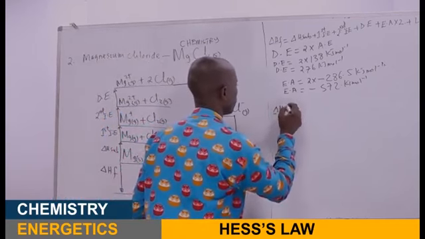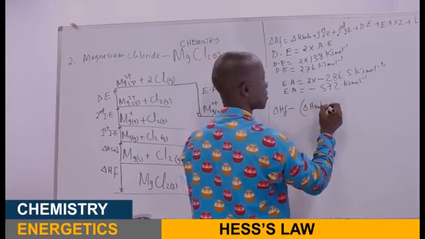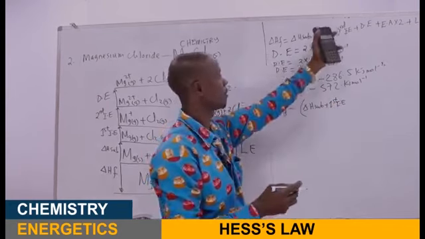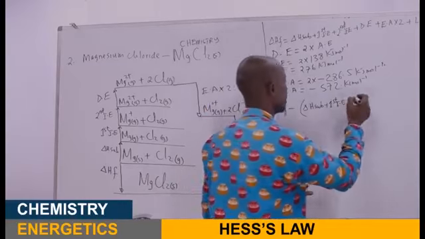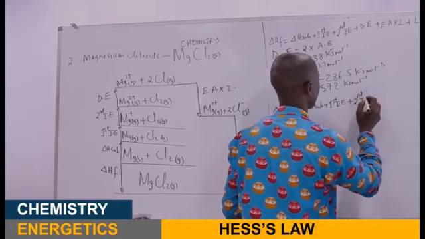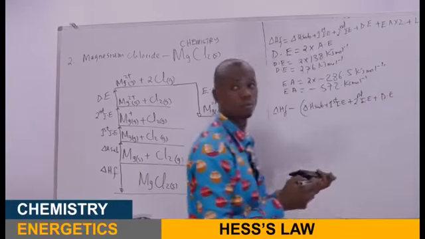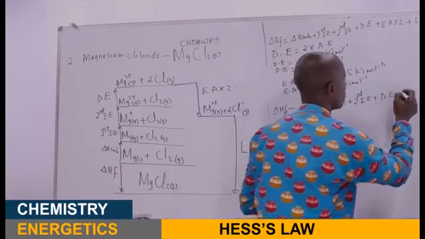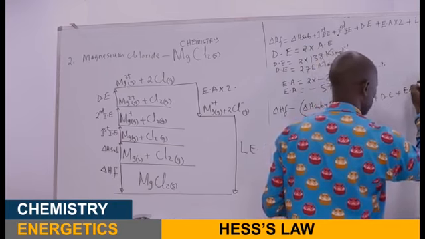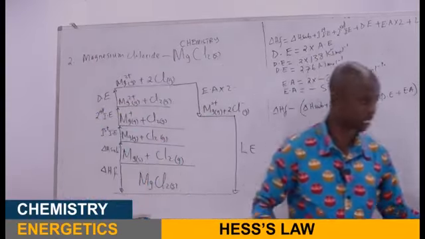So here, the enthalpy of formation minus, in bracket, enthalpy of sublimation plus first ionization energy as given here plus second ionization energy plus dissociation energy plus electron affinity, equals lattice energy. Now, my dear students, you have the data here.